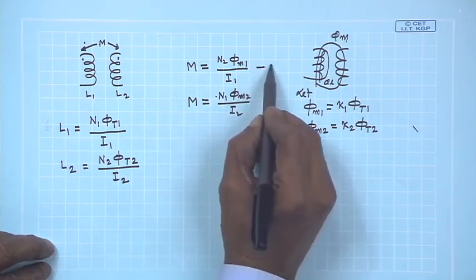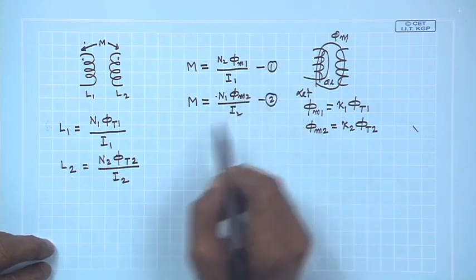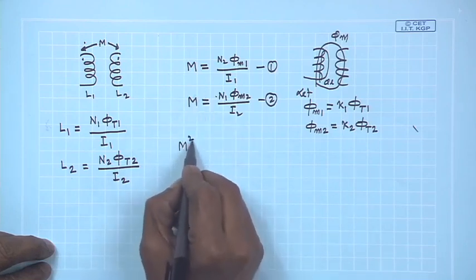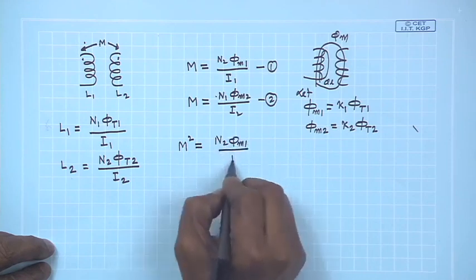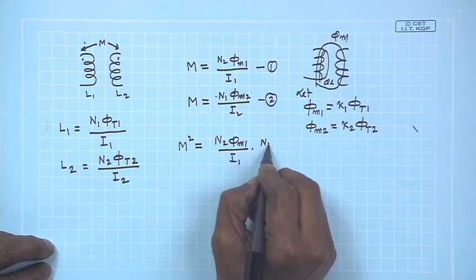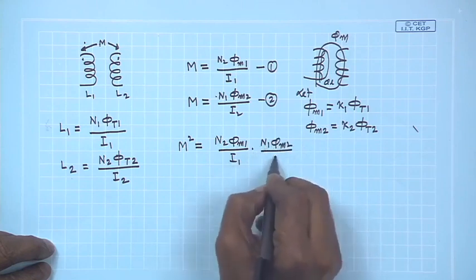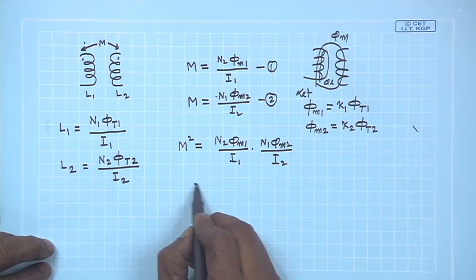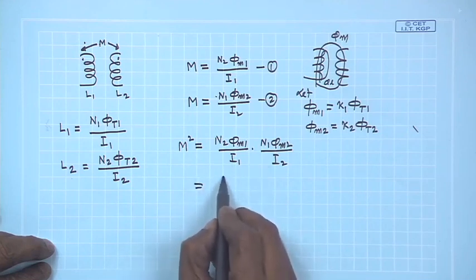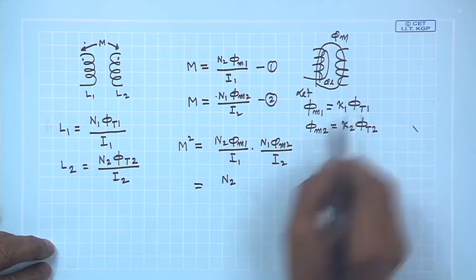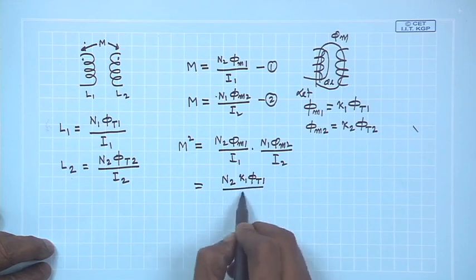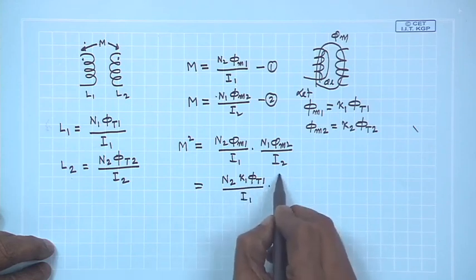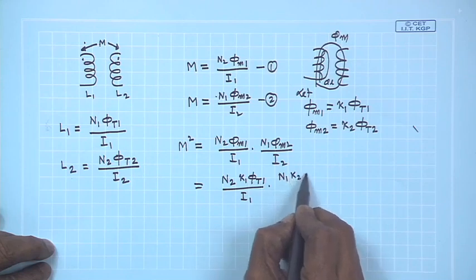Now, what I do with these two equations, you just multiply them, so that it becomes M square equal to N2 phi M1 by I1 into N1 phi M2 by I2. Now, for phi M1, it is a certain percentage of total flux, K1 phi T1 by I1 into N1, and phi M2 is K2 phi T2 by I2.